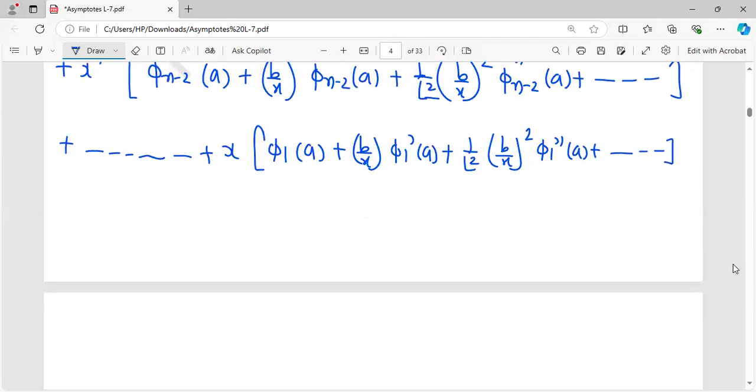Plus the last term is the constant q naught, plus q naught is equal to 0.